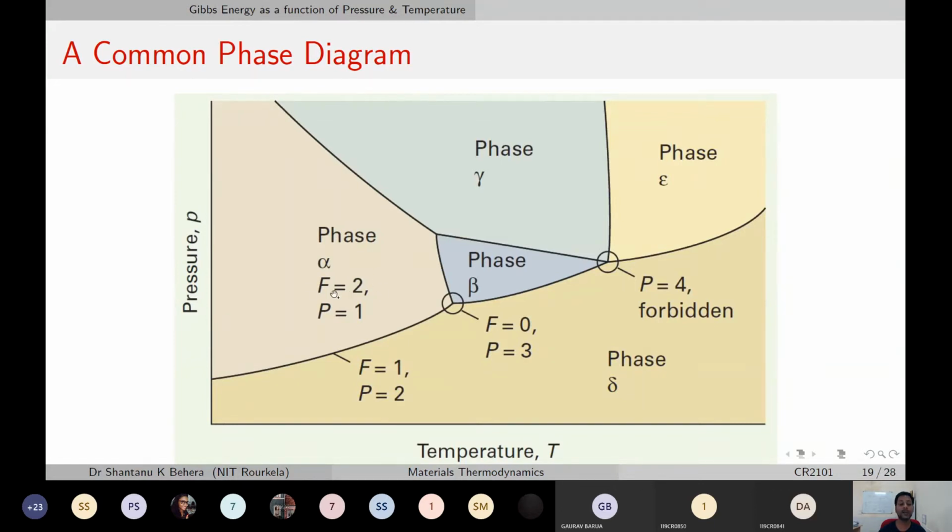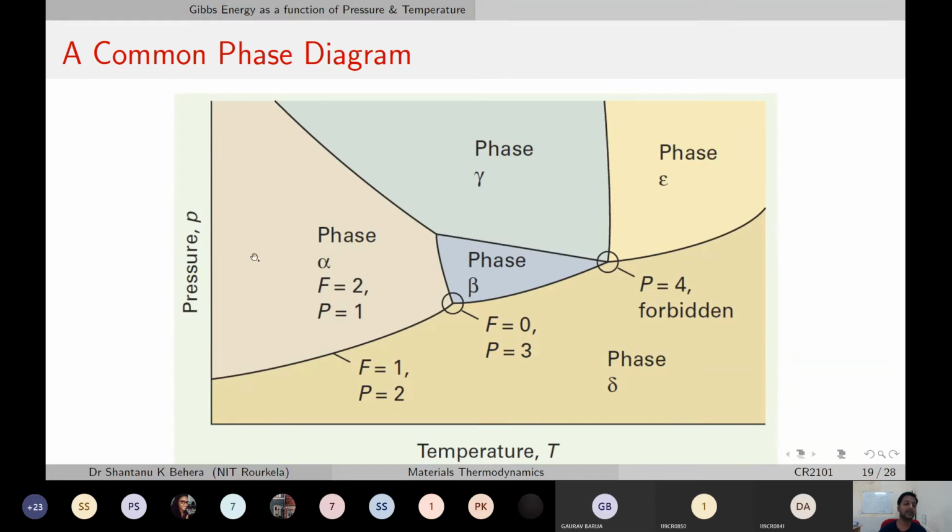Now, what does this mean? This degrees of freedom is 2. That means in this region, in the coordinate space bounded by this region, I can change two independent variables independently. I can change these two thermodynamic variables independently. What do I mean by that?